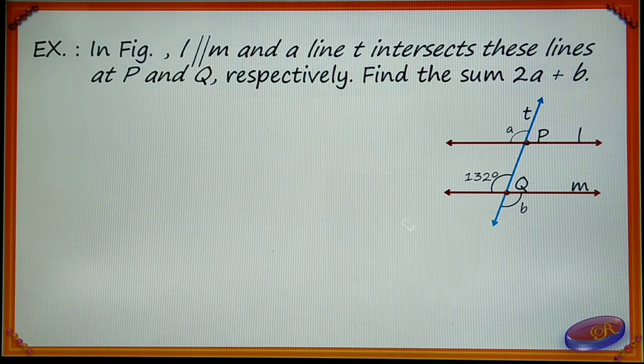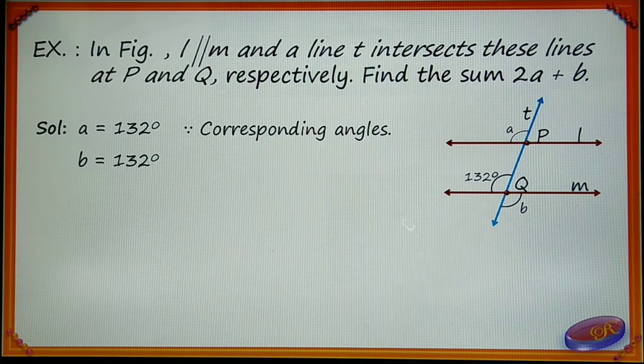Example, in figure, L is parallel to M and a line T intersects these lines at P and Q respectively. Find the sum 2A plus B. Solution. A is equal to 132 degree because they are corresponding angles.